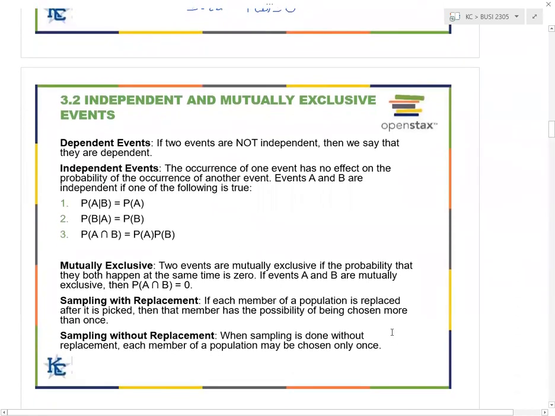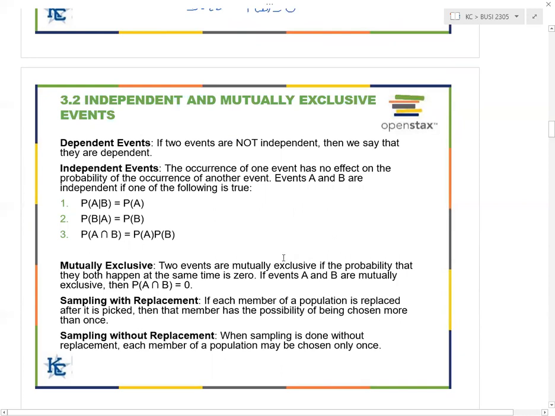All right, so 3.2 is talking about independent and mutually exclusive events. So let's talk about the difference between dependent events and independent events. Dependent events: if two events are not independent, then we say they are dependent. So what does it take to be independent? Independent events: the occurrence of one event has no effect on the probability of the outcome of another event.